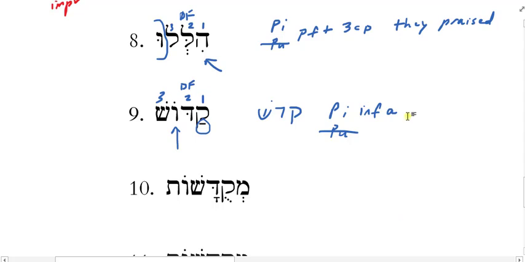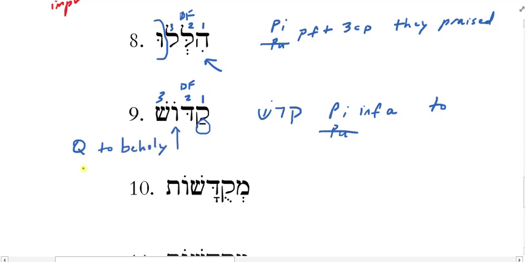How do I translate an infinitive absolute? I don't usually know until I see it in a sentence, right? So in English, we'll just use the infinitive to do what? What is the Qal meaning of the verb kadash or kadesh? To be holy.